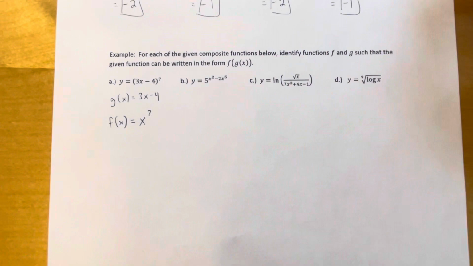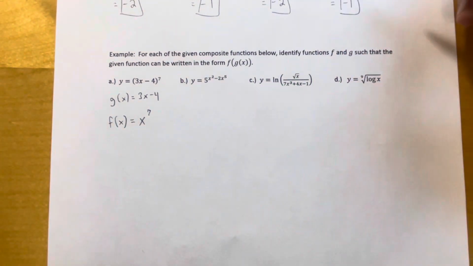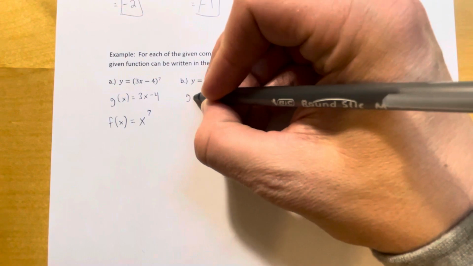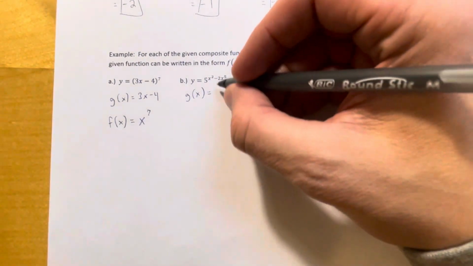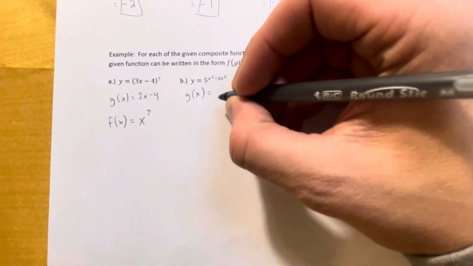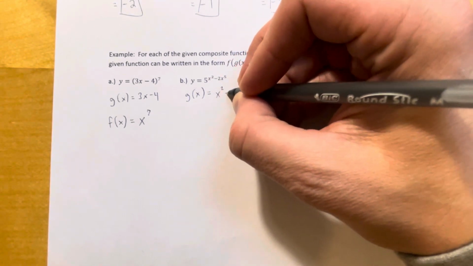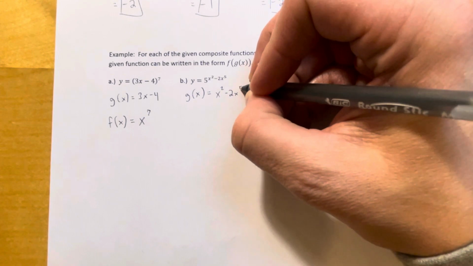What about for this function? This is an exponential function. I don't see a set of parentheses anywhere, but you can still think of this as a composite function. And the key here is to set the g of x, the thing that we normally think of as the inside function, equal to the entire expression in your exponent, x squared minus 2x to the 5th.